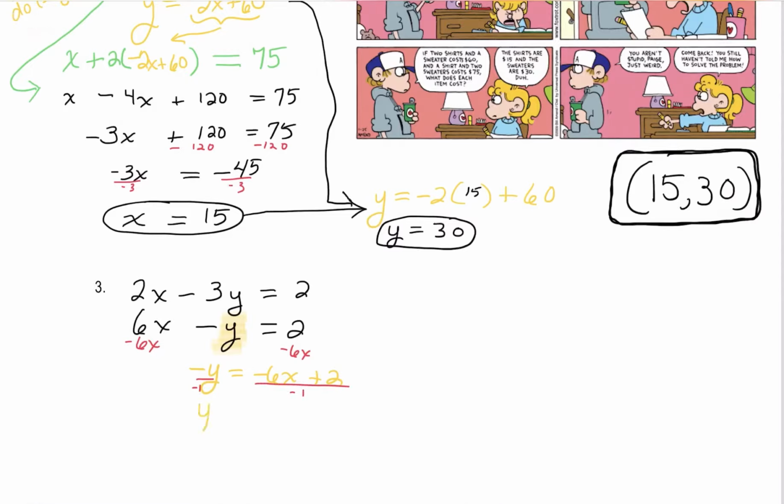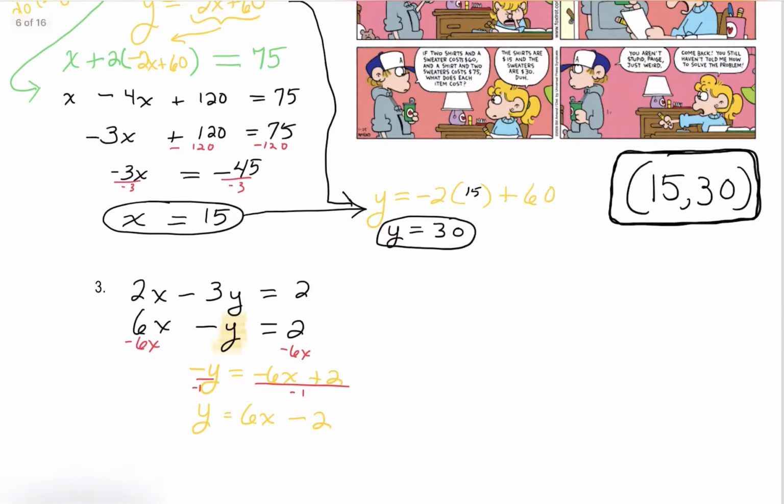Dividing each term in the numerator by that -1, we get our 6x minus 2. Also realize I show that in a very traditional type of way. Honestly, another really nice way to think about that mentally would be to add y to the right and subtract 2 to the left. That might be another nice way to go about that.